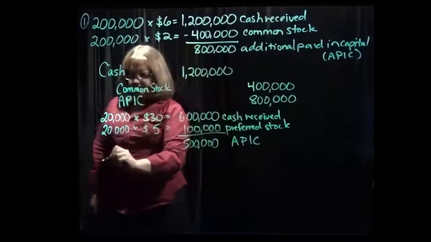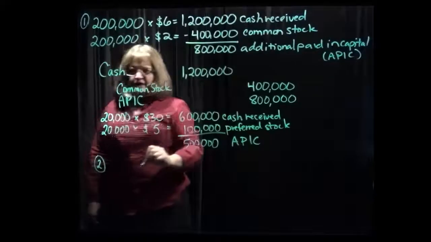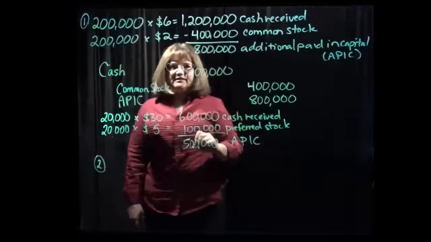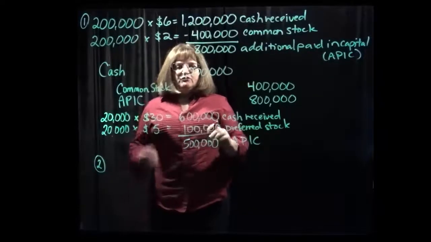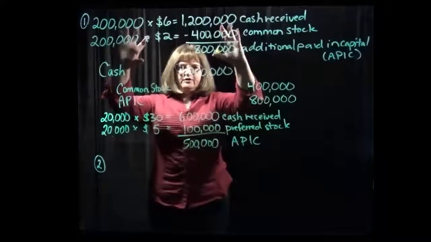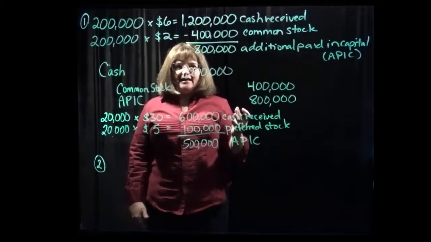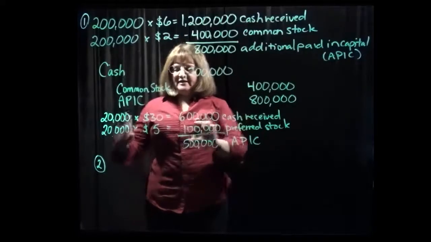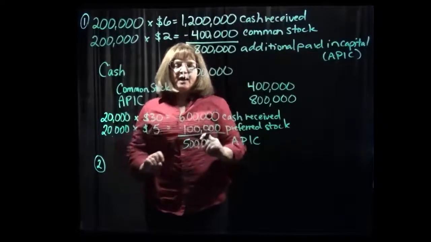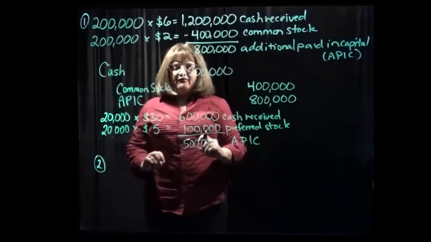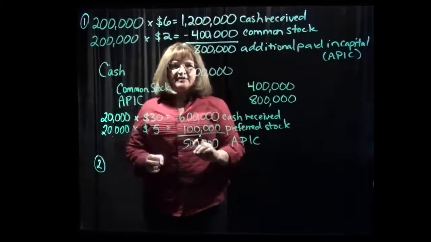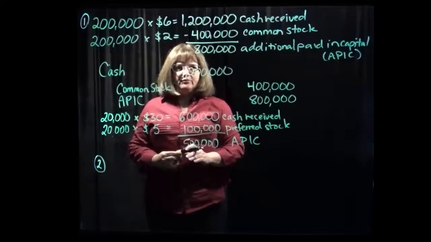Requirement number 2 asks us to calculate how much of the company's dividends that they pay are going to go to the preferred shareholders as compared to the common shareholders, assuming that the stock is non-cumulative. So that preferred stock that has a $5 par value is non-cumulative. And for that, we need to also factor in the percentage that they give us with respect to that preferred stock.